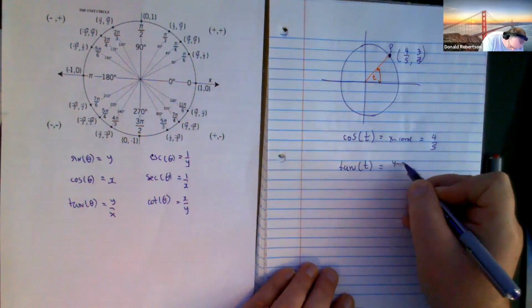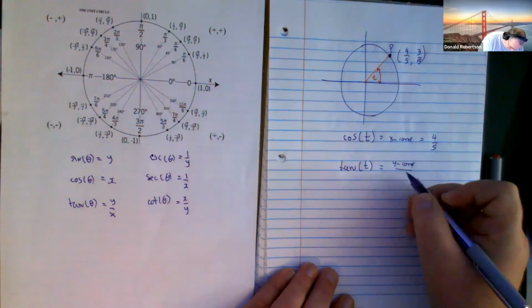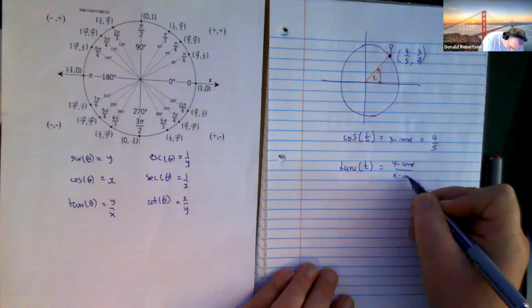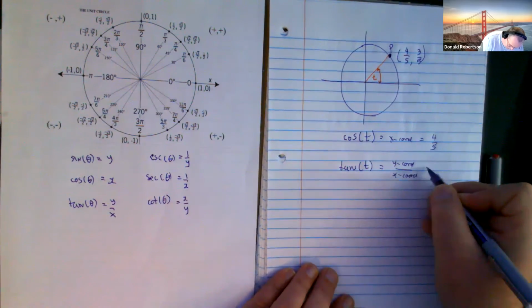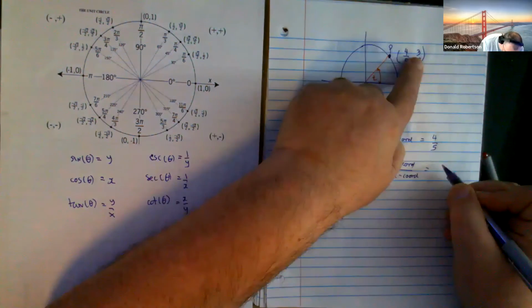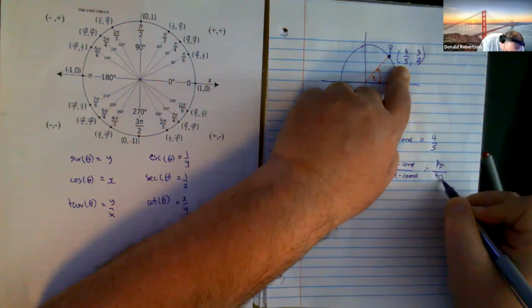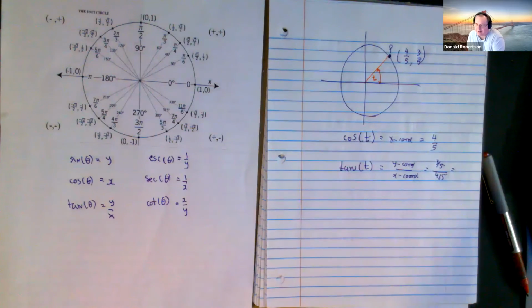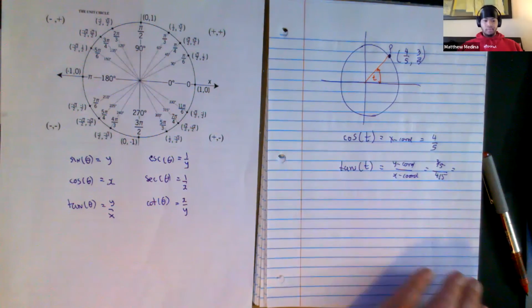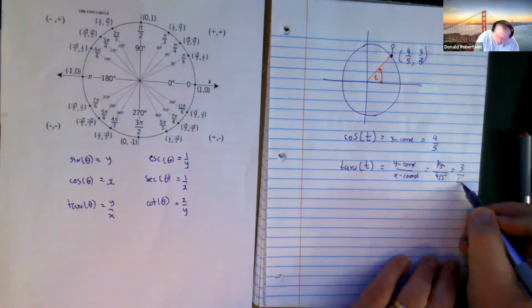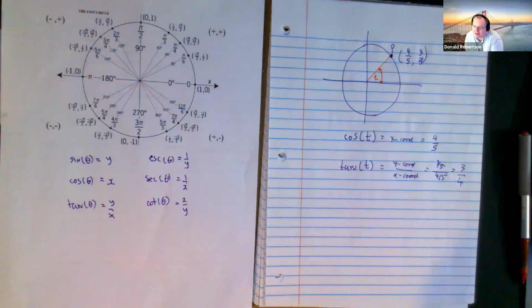Well, that would be the y coordinate divided by the x coordinate, which would be 3/5 divided by 4/5. Anybody want to tell me the shortcut answer? 3/4. Right. Remember what I said, the 5s cancel out? Doesn't that make it easier? At least it reduces your workload, right?